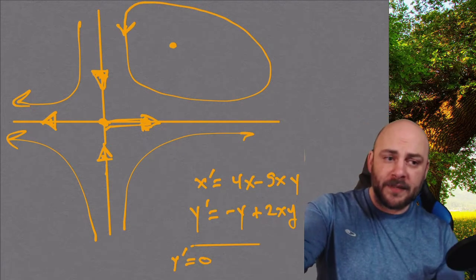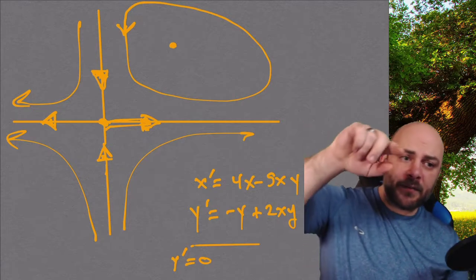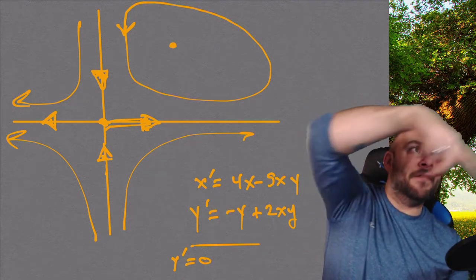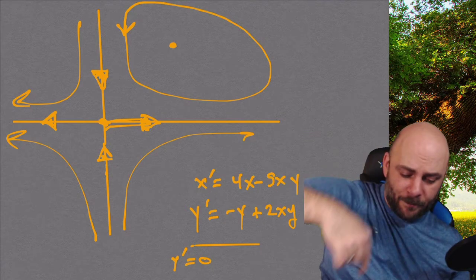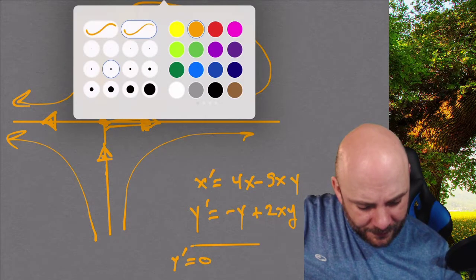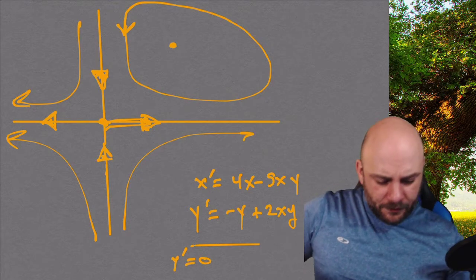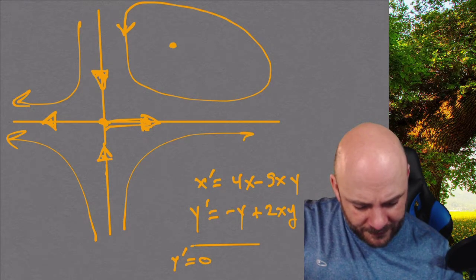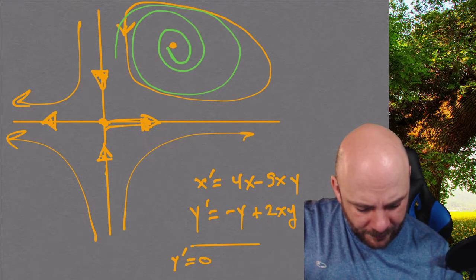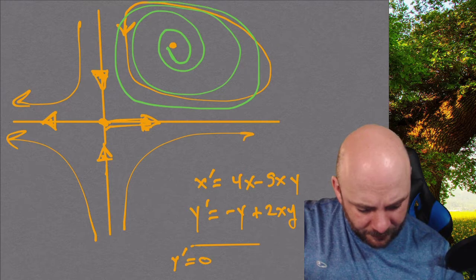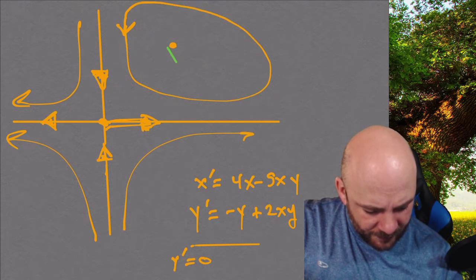Because he's trapped. If it was an outward spiral, I guess it could go off to infinity out this way, but it doesn't have enough room. Hypothetical situation 1. This is an unstable spiral. He starts spiraling outward, and he starts getting closer and closer.